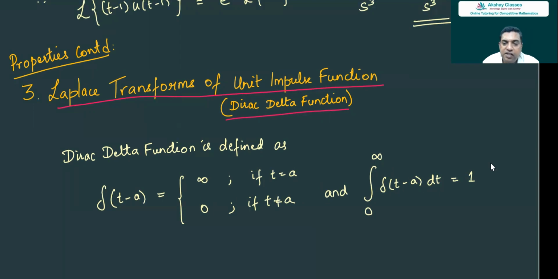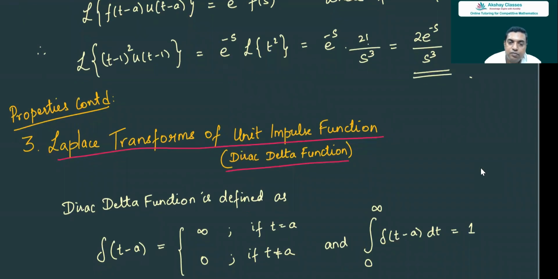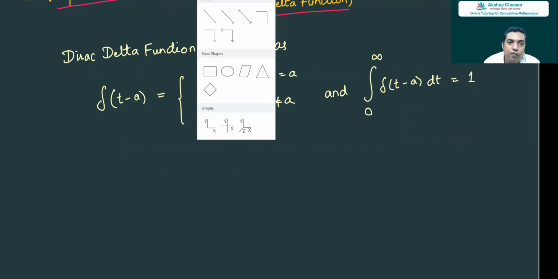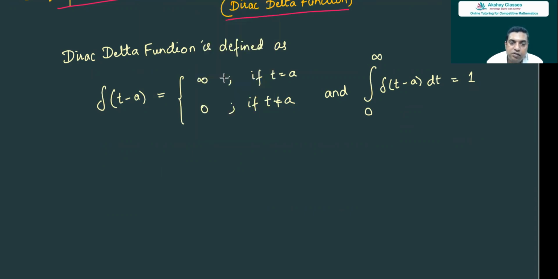So how does this Dirac delta function look? It's a unit impulse function. Now Dirac delta function integrated means the area of this function is 1. This is, let's say, origin, and let's say this is a.